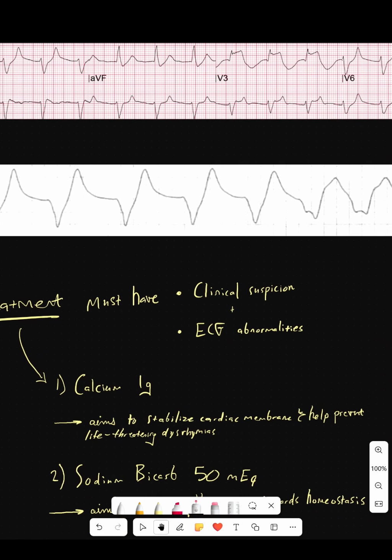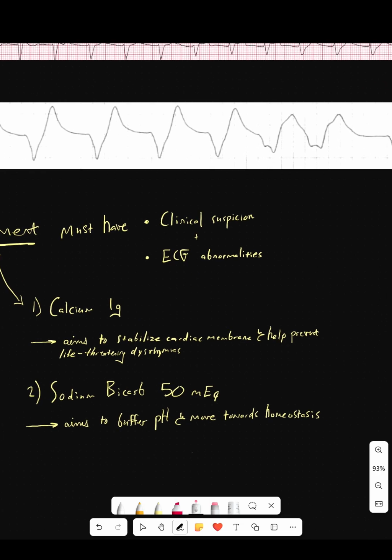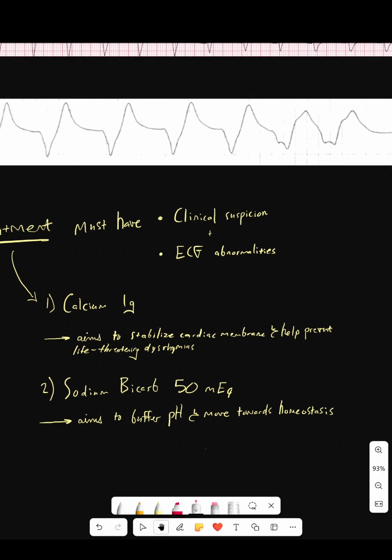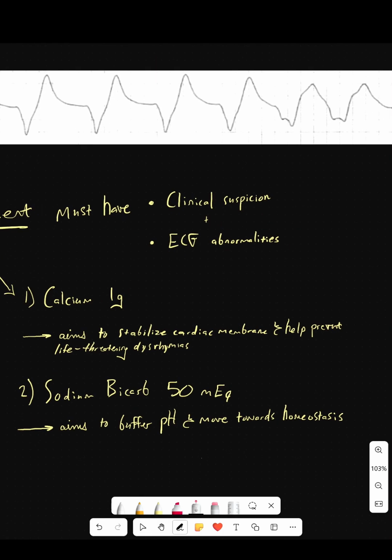Now, this can be treated a variety of different ways depending on who you are and where you are and your medical director. Locally, what we're doing is 1 gram of calcium IV, IO, and this is going to aim to stabilize cardiac membrane and help prevent life-threatening dysrhythmias, as well as some sodium bicarb, 50 milliequivalents.